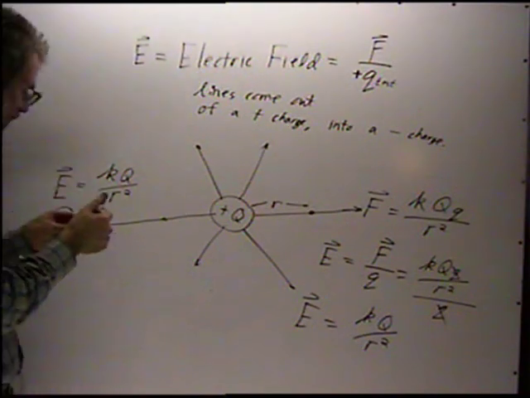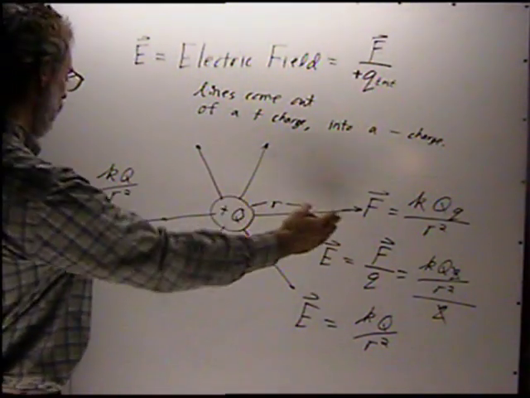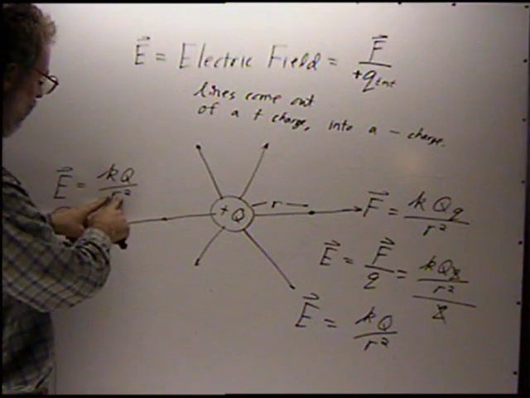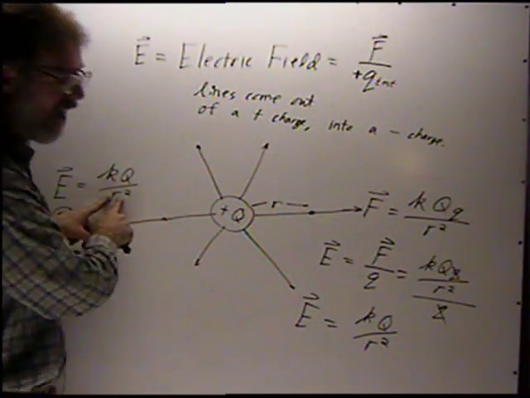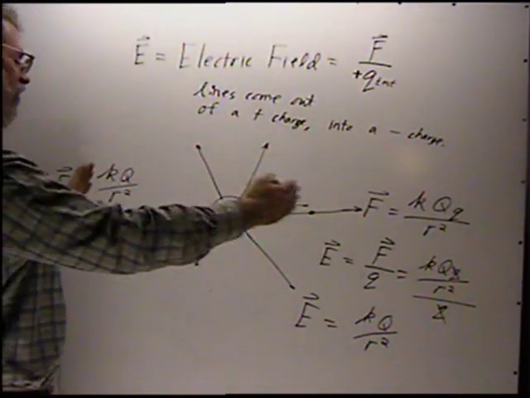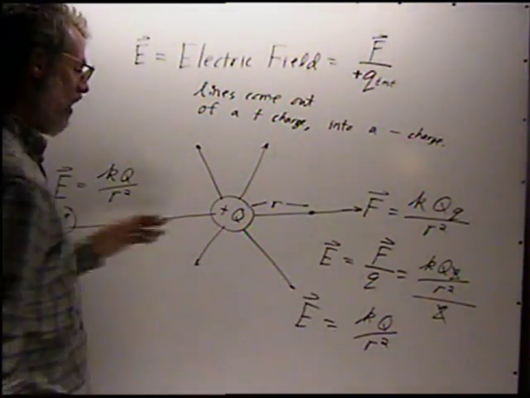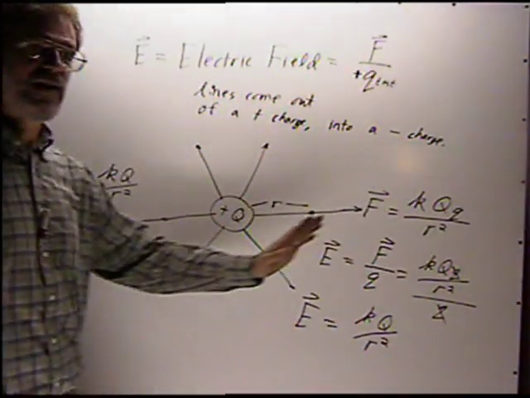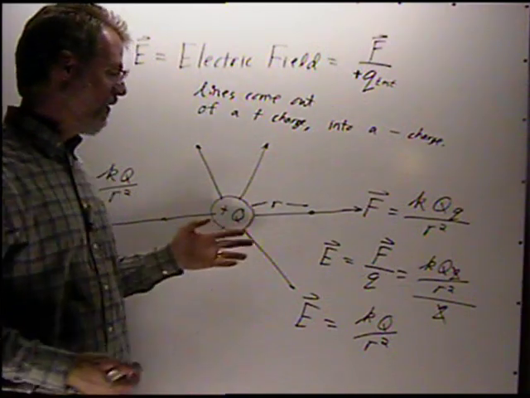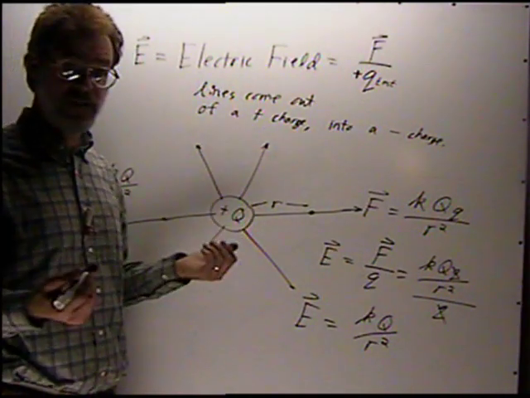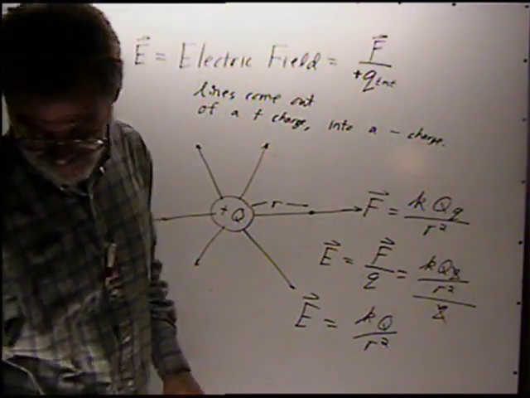Because it goes by R squared in the denominator, the size of the field gets smaller and smaller. And then when I finally get all the way out to infinity, the size of the electric field goes to 0.